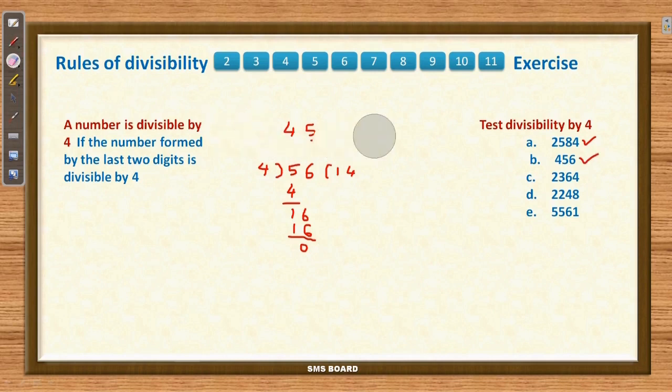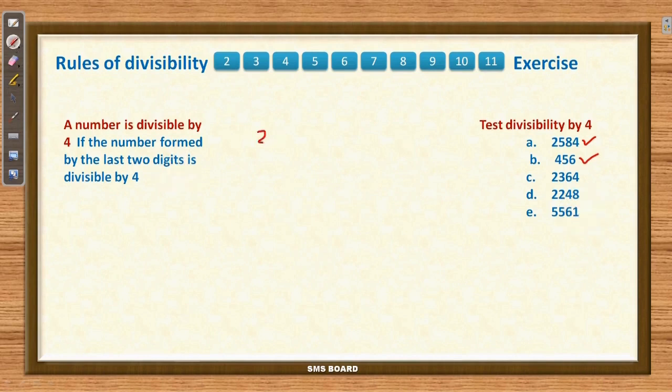Now let us discuss third problem, that is 2364. So you know 2364, last two digits 6 and 4. So the number formed by the last two digits is 64. You know 64 is divisible by 4.